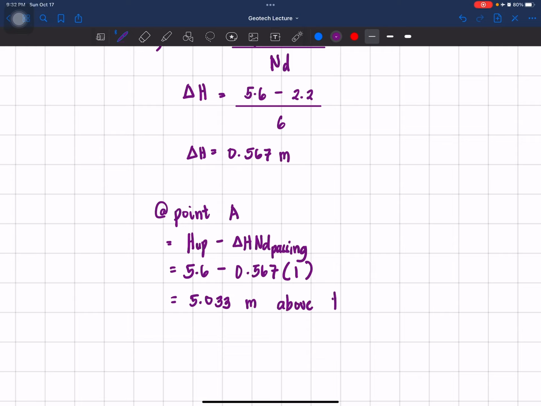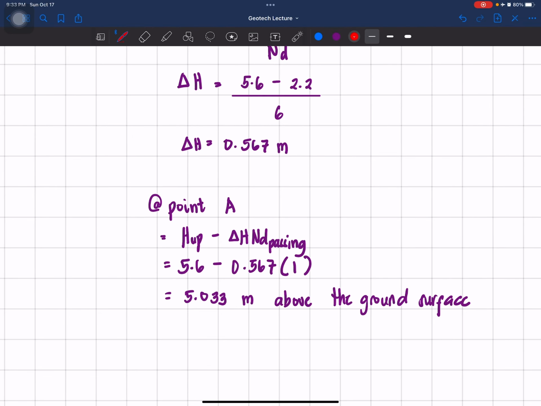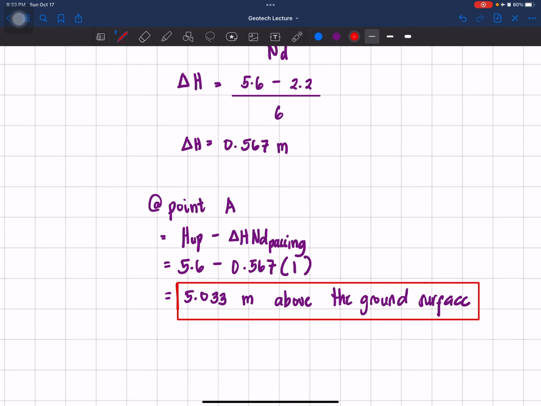Take note, this is above the ground surface. So this is now your answer. The water at point A will be 5.033 meters in elevation.